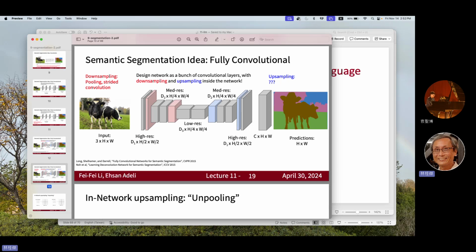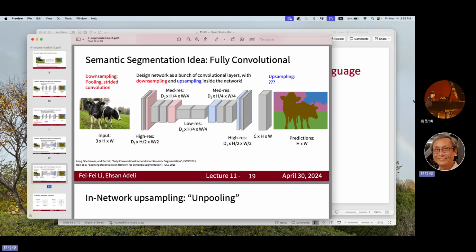What is the meaning of downsample? Downsample is that we take some information which is originally at the original resolution, right? Then we start to use the convolution. We start to make them smaller and smaller tensors or matrices. So the information content is going to be smaller and smaller.